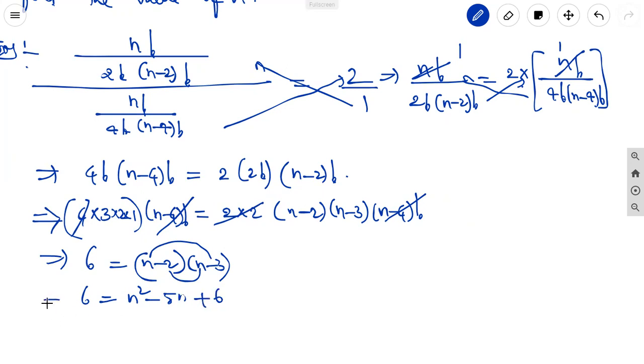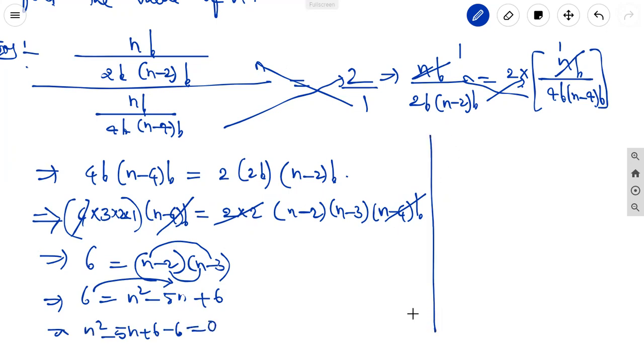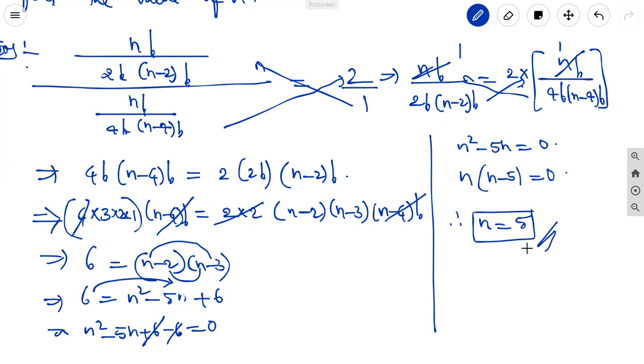Taking all terms to one side, this 6 is taken to the right side, n square minus 5n plus 6 minus 6 equals 0. Plus 6 minus 6 get cancelled, then n square minus 5n equals 0. n is common, n minus 5 equals 0. Therefore, n equals 5 is the answer.